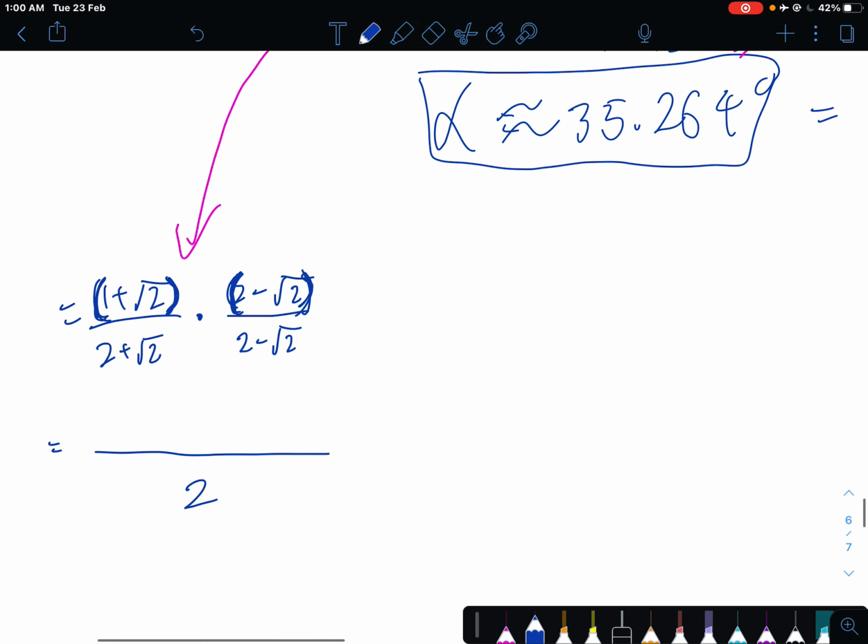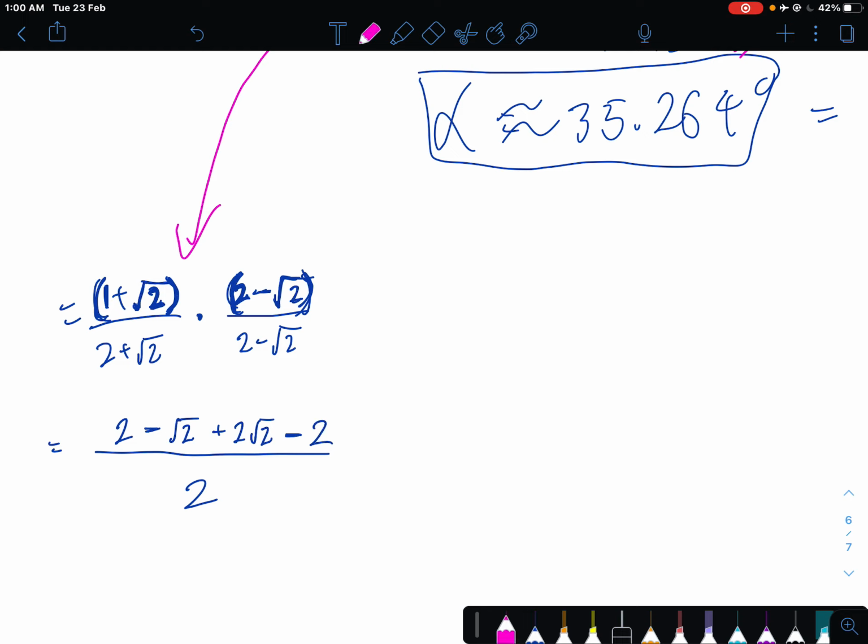First term 1 times first term 2, what do you get? 1 times 2, 2. First term 1 times negative root 2, what do you get? Negative root 2. Square root 2 multiplied by 2, what do you get? Plus 2 root 2. Square root 2 term multiplied by negative square root 2, you get negative, but square root times square root gives you a 2 itself.